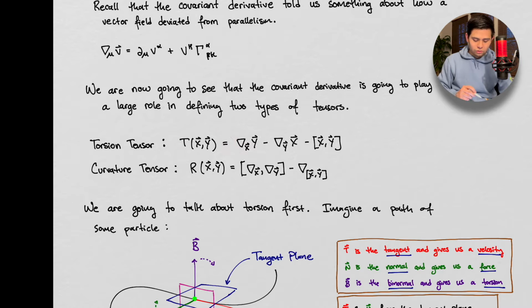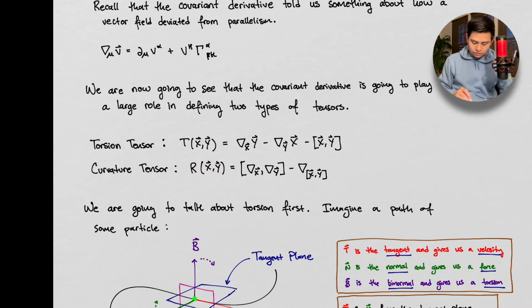But I want to cover the torsion tensor a little bit also, just to give us an idea of what to look forward to when we start trying to implement spin into the picture as well, which is going to be later. But anyways, we have this torsion tensor, and it's made up of covariant derivatives, and this thing called the Lie derivative, which we're going to talk about. And then we're going to talk about the curvature tensor later.